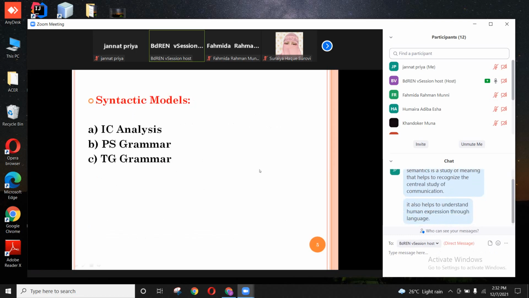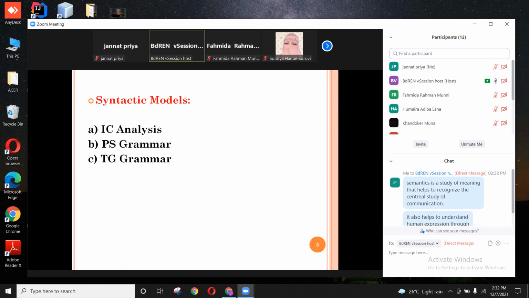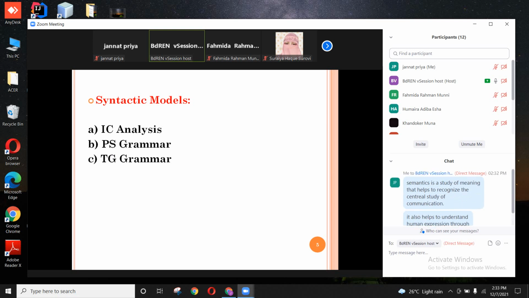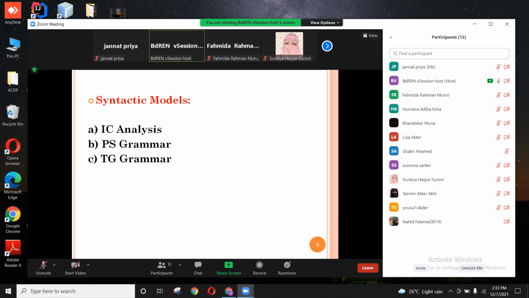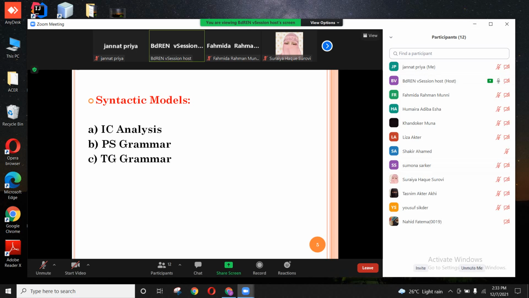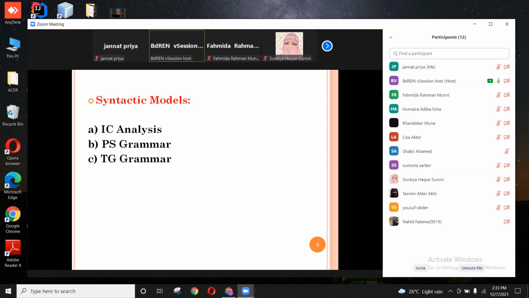These models are used to analyze sentence structures. As you know that syntax is concerned with the formation of sentences. And according to Fromkin and Rodman, syntax is also concerned with the structure. So there are various models for analyzing sentence structure.